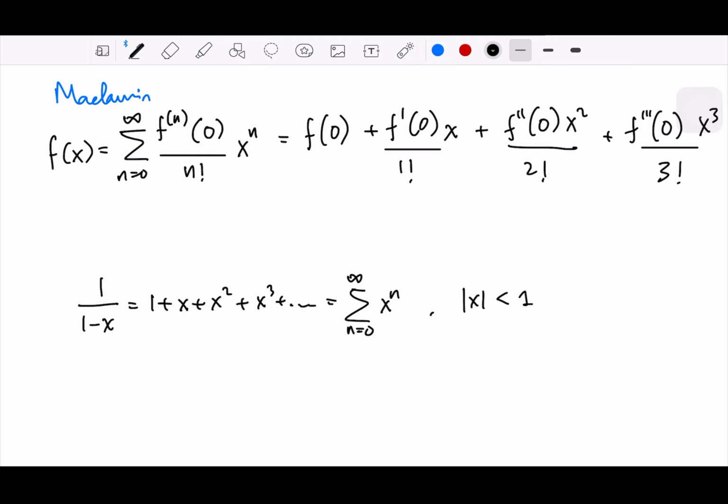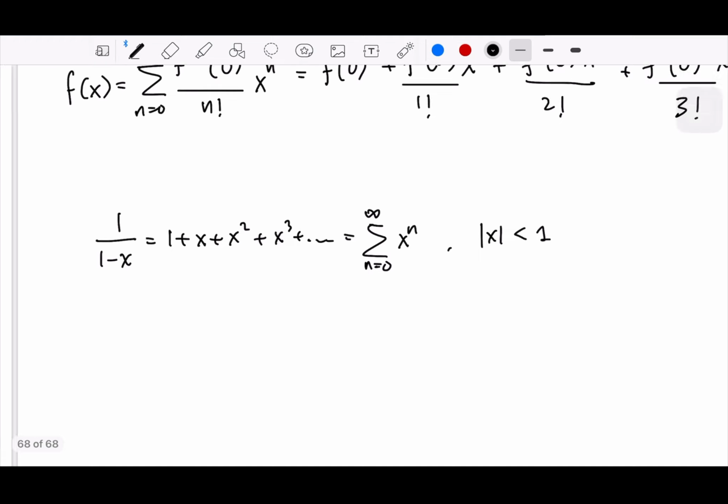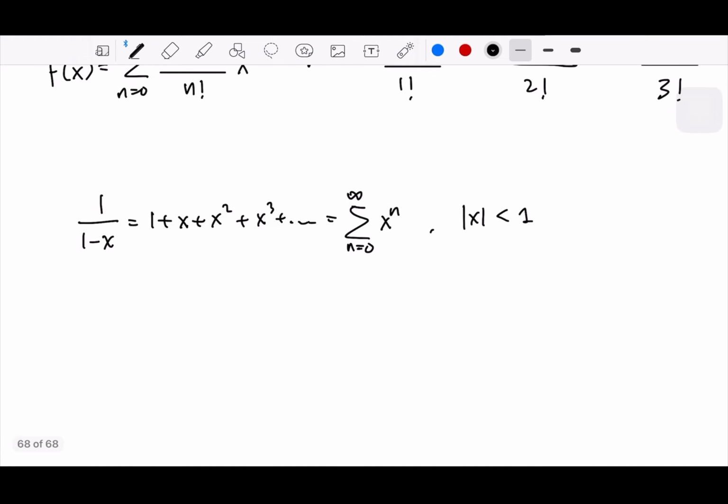we need to confirm whether the series holds. We can imagine this is the Maclaurin, where a is 0.